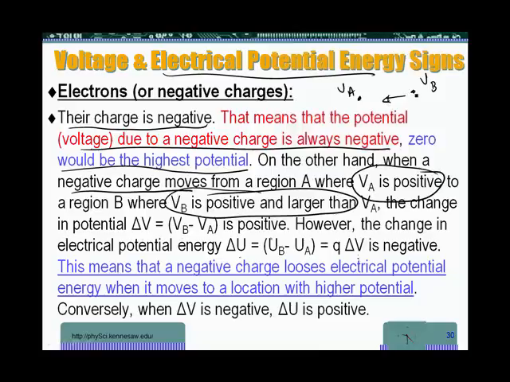And I'm going to take a negative charge, so the electrical force is going to act on it the other way. That means it's going to be accelerating towards VB. It's like it is falling towards the location of VB, so it is losing electrical potential energy. And that's what we see here.